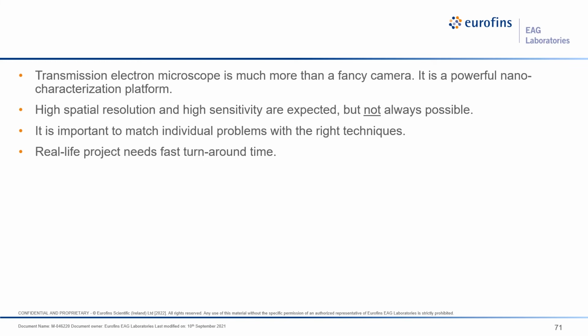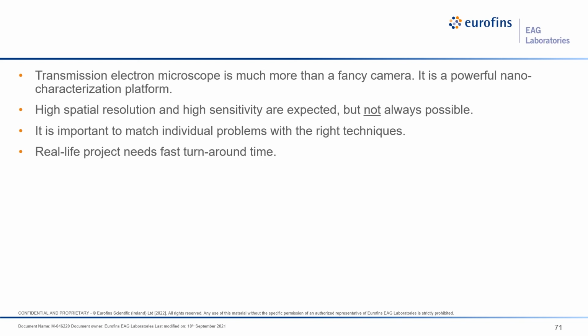But I'm going to just summarize my talk here. As you can see, the transmission electron microscope nowadays is much more than a fancy camera, right? You can do imaging, but imaging is really only the first type of application of TEM.